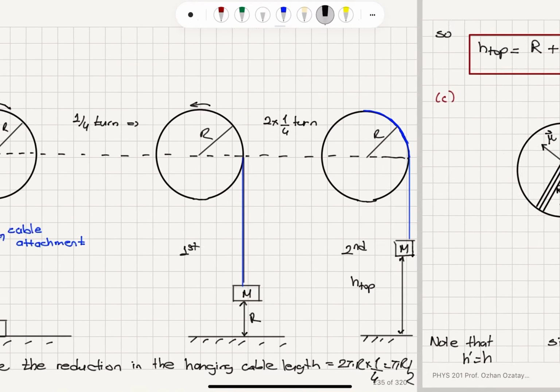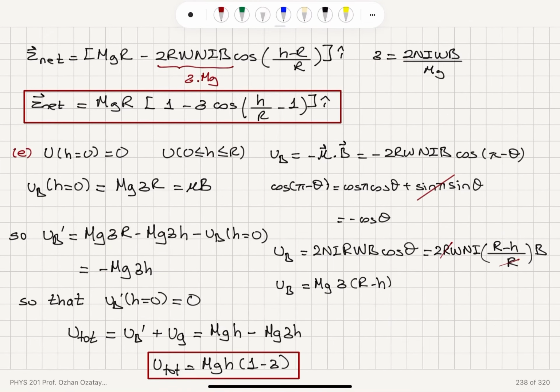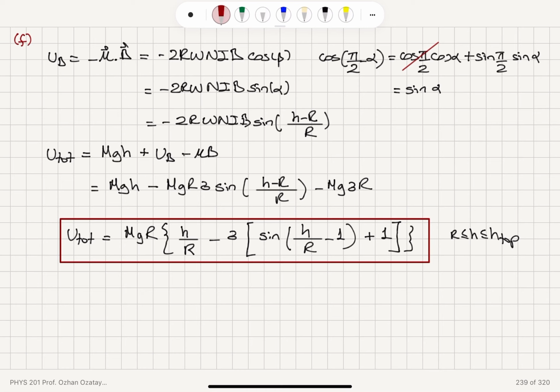So now in part G, if sigma is greater than 1, for what value of h will the mass remain suspended motionless? Okay, so sigma is greater than 1. We are requiring it to be motionless, so the net torque has to be 0 for the mass to remain motionless.